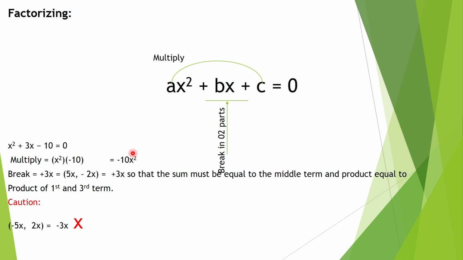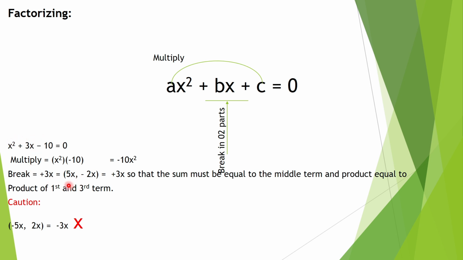So there are two important things you must know. Number one, break this into two parts like this so that the sum must be equal to this term. And when you multiply these two terms, the product must be equal to the product of the first and last term of the quadratic equation.